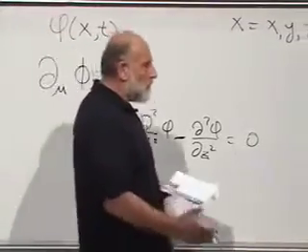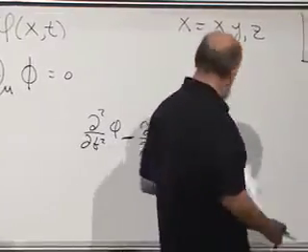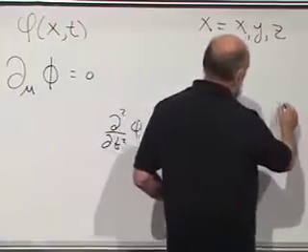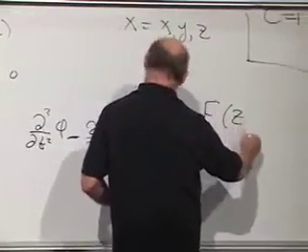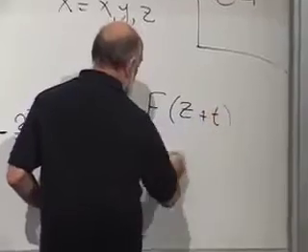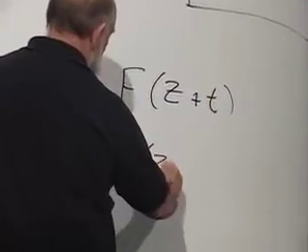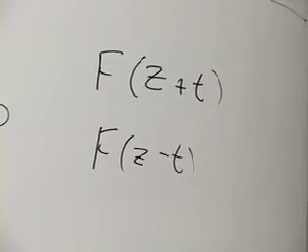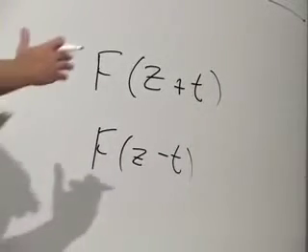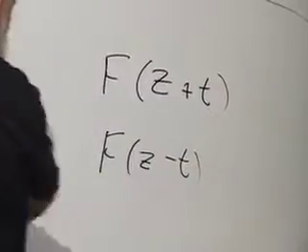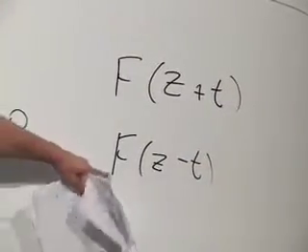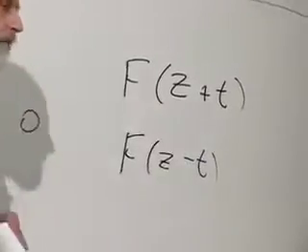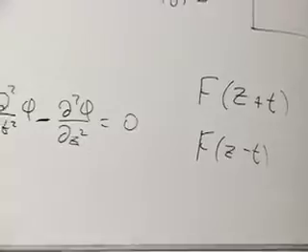What kind of solutions does such an equation have? We talked about it last time, and there are two basic solutions. One of them is a function of z plus t, and the other is a function of z minus t. These are the two solutions which represent waves moving to the left and waves moving to the right along the z-axis. A function of z minus t represents waves moving to the right along the positive z-axis, and a function of z plus t represents waves moving to the left.